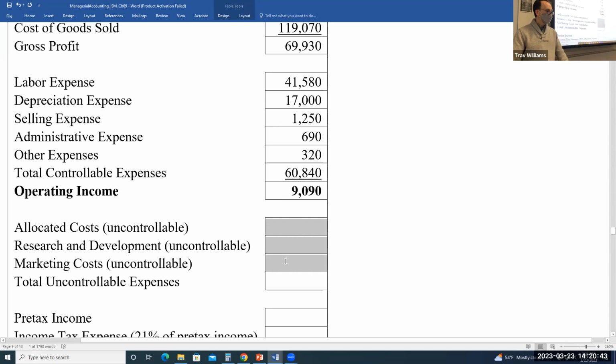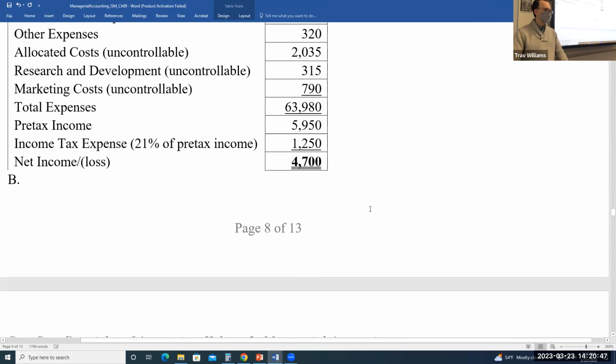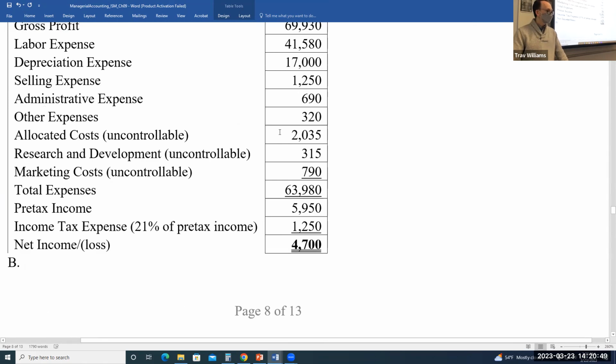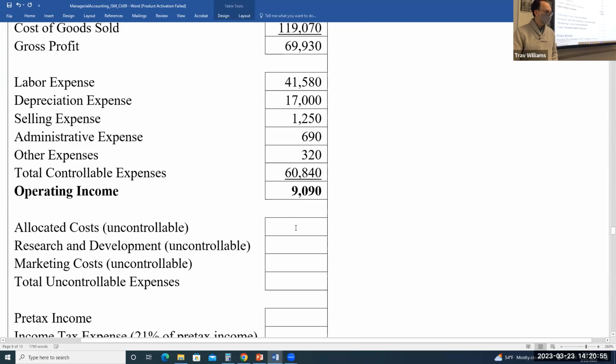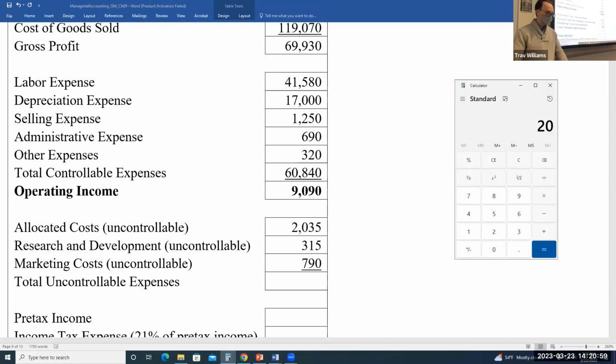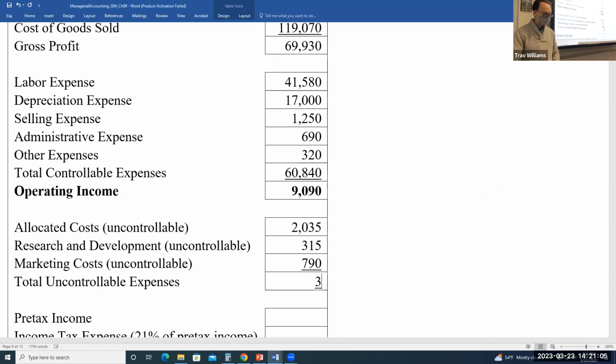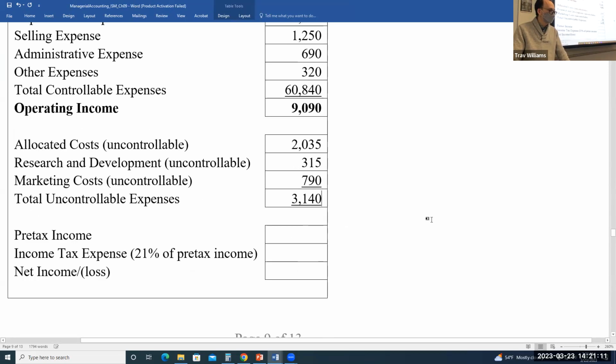Then we're going to go ahead and put those uncontrollable costs down here. So those were allocated R&D and marketing. We will total those up. But we're still reporting them. We're just separating them so it's clear which costs we have control over and which we don't.